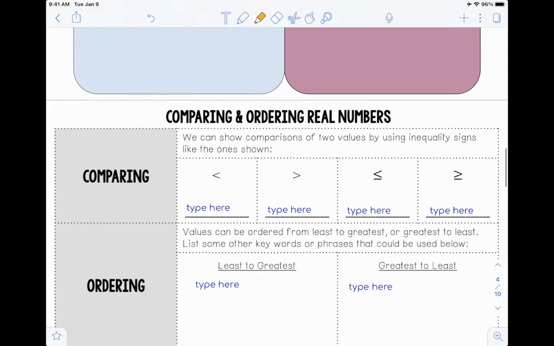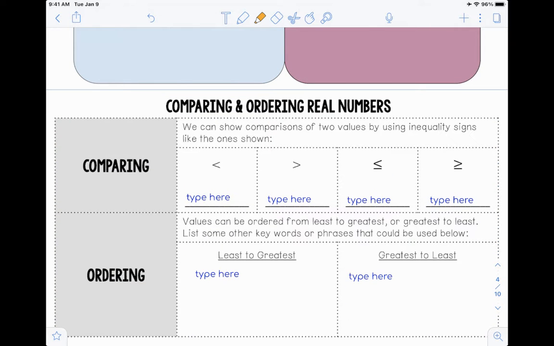All right, so we're going to look at comparing and ordering. So I'm going to ask you to take a second and type in as many words that you can for each of these symbols.